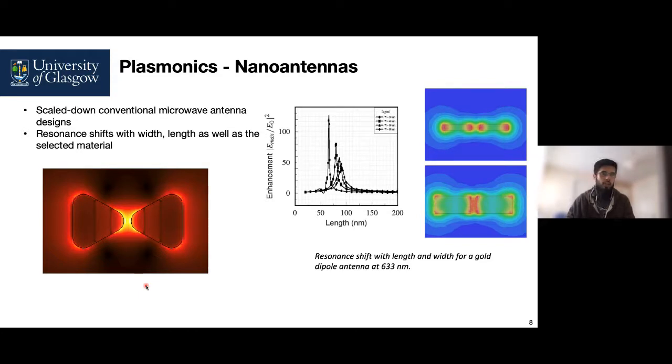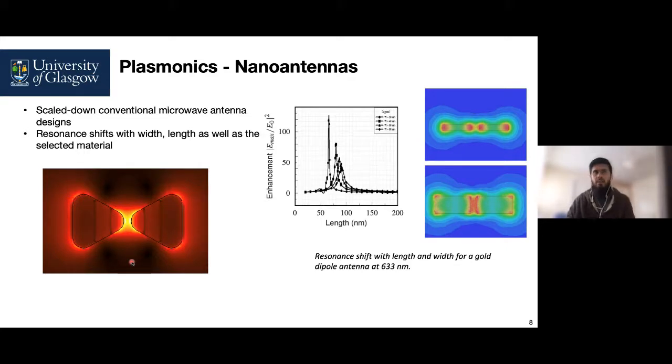It could be a simple dipole antenna as we see on the right side of this slide, or a scaled down version of a bow tie antenna as we see on the left hand side, or a Yagi-Uda antenna or any other antenna type that exists in the microwave frequency region.